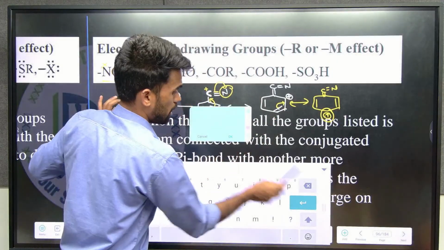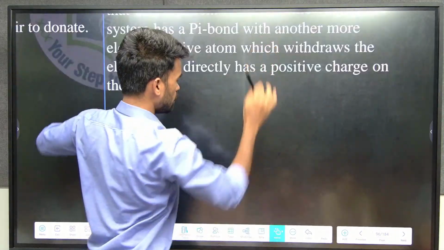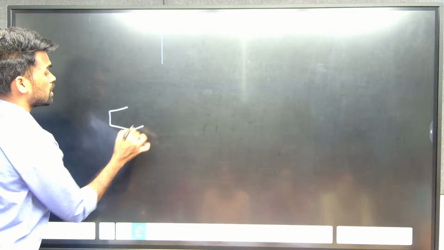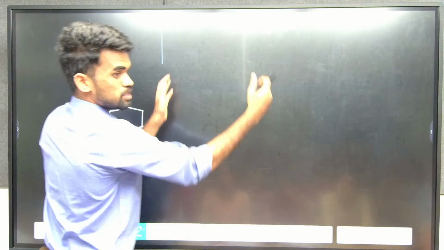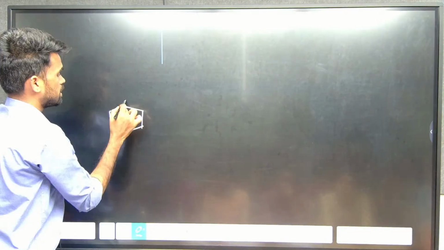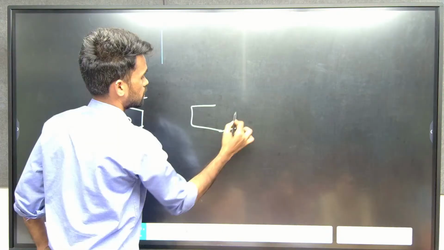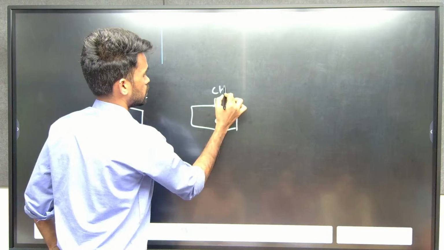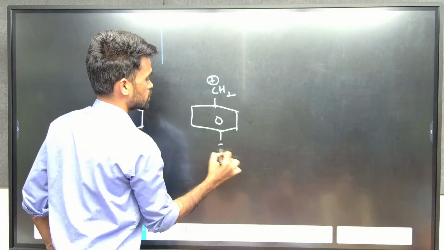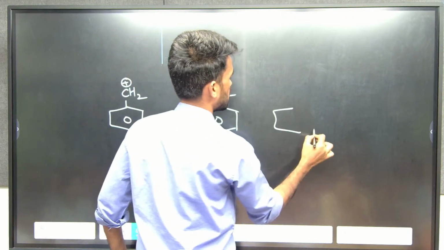Okay, right. After this, the questions will be like this. During the reaction, intermediate species are formed. Let us say a carbocation is formed like this. Now they will ask you which carbocation is more stable.